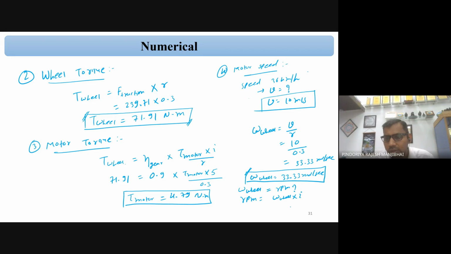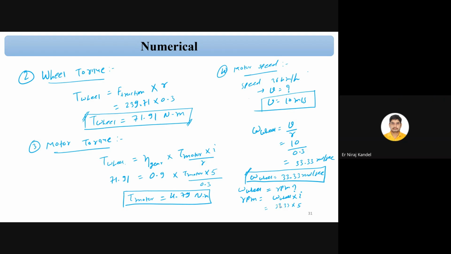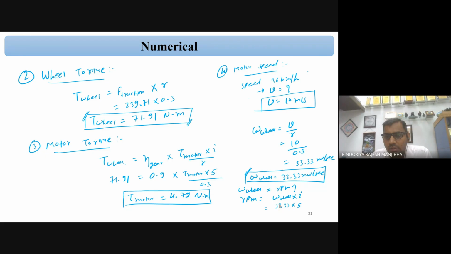So 33.33 into 5, I is 5, correct? So that is your RPM. No, sir, this is also in radian per second. Just 1 minute. So radian per second, we have to convert into RPM.